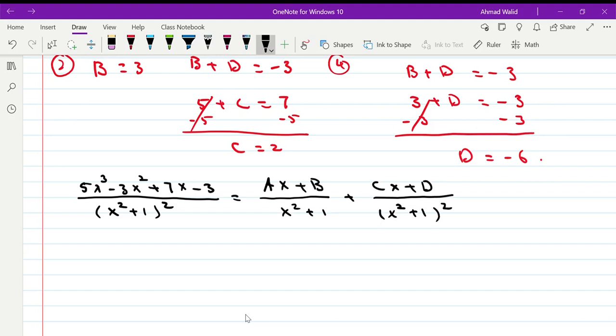Replace or substitute the values of a, b, c, and d in this equation.